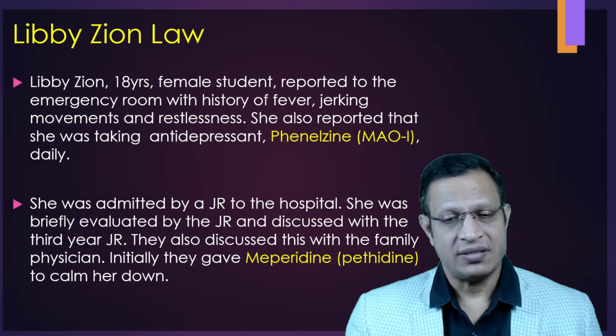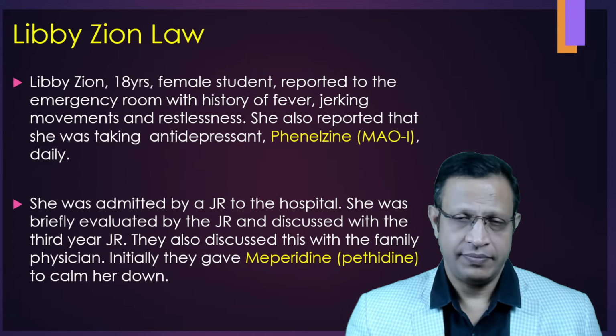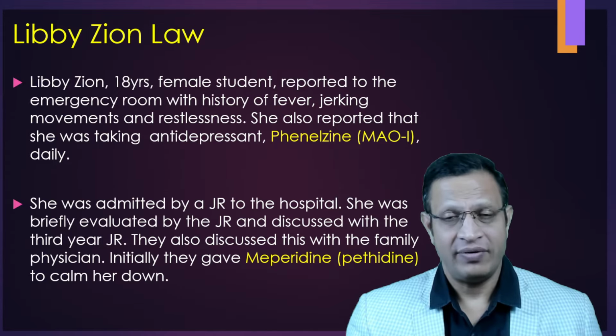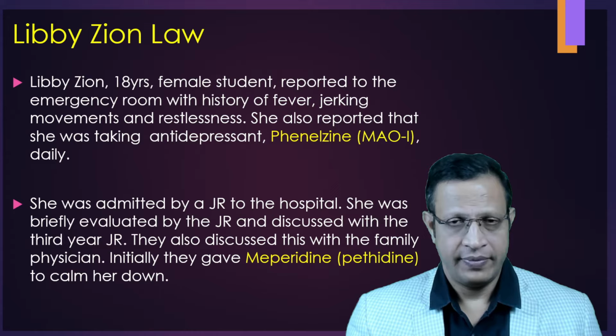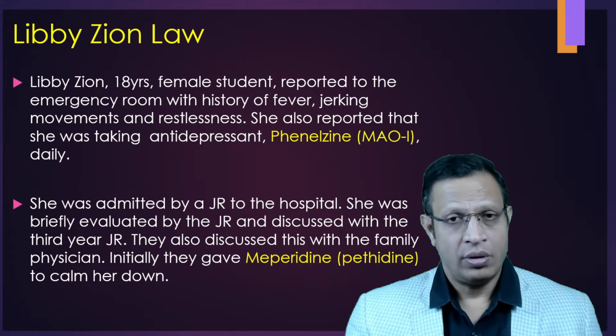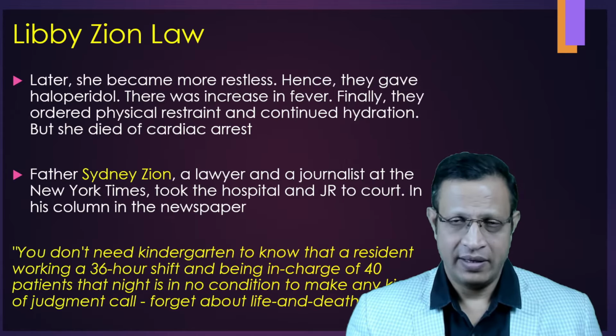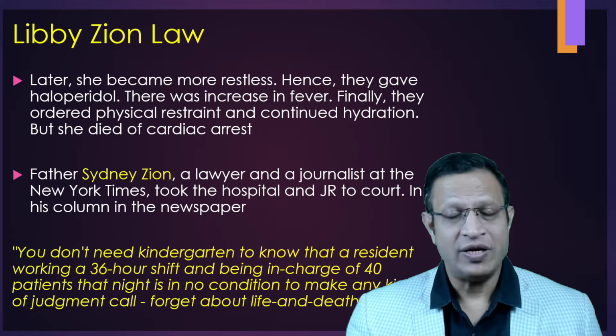They also discussed with the family physician, and finally the decision was made to give pethidine, that is meperidine, to calm her down. So the pethidine was given to Libby Zion immediately, and both the doctors went back to the casualty.